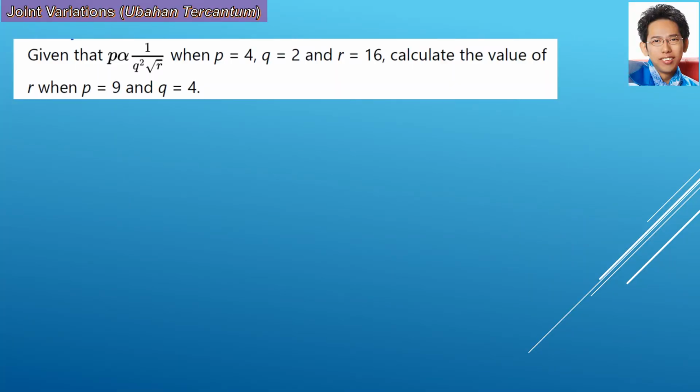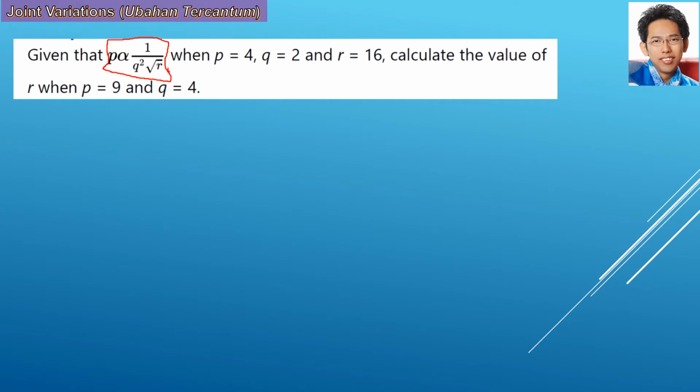Okay. So now we have a look at an example. So given that this is the expressions, okay, this one is the expressions. They give it to you already. They don't write down. They just give it to you very directly.